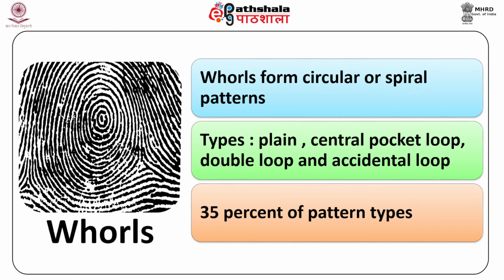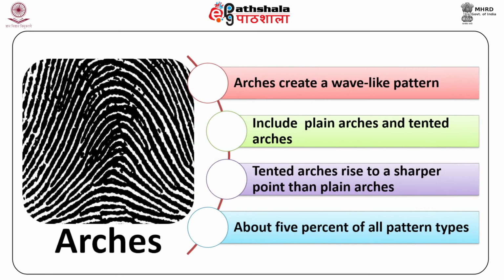Whorls make up about 35% of pattern types. Next is arcs. They create a wave-like pattern and include plain arcs and tented arcs. Tented arcs rise to a sharper point than the plain arcs. Arcs make up about 5% of all patterns.